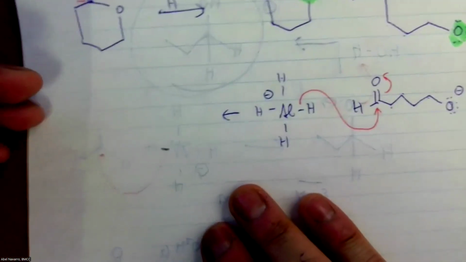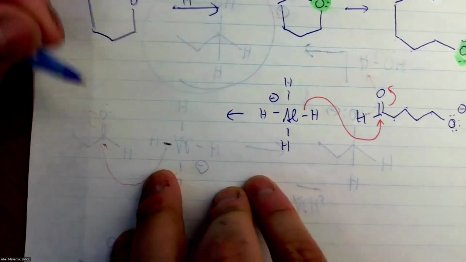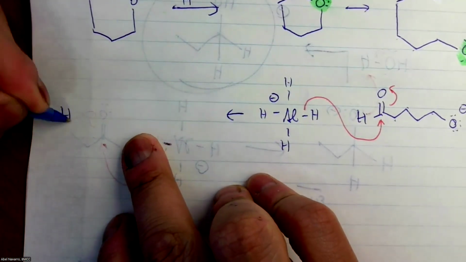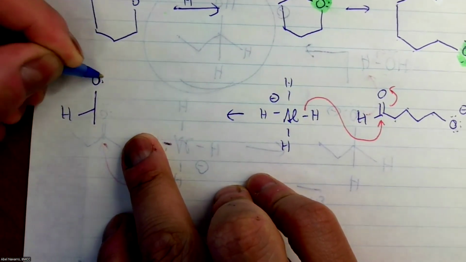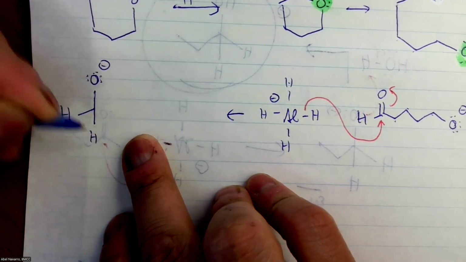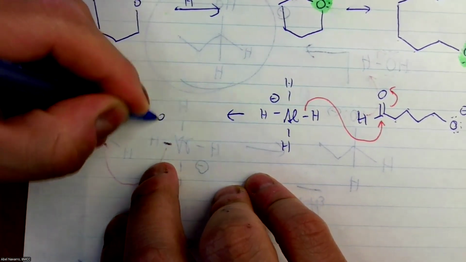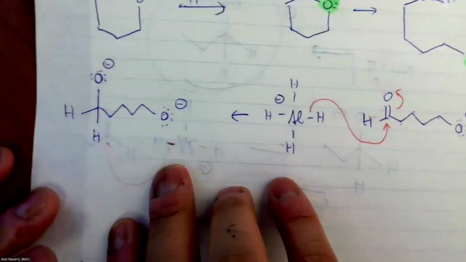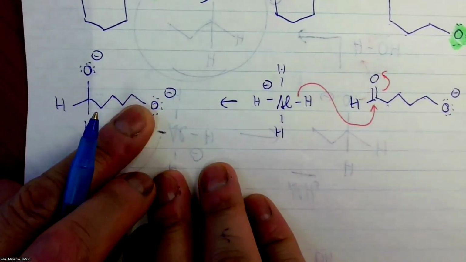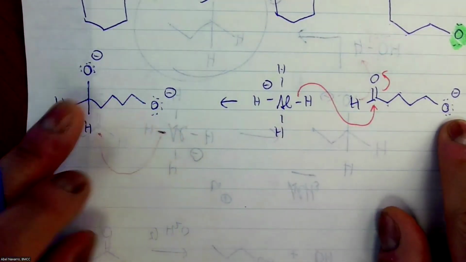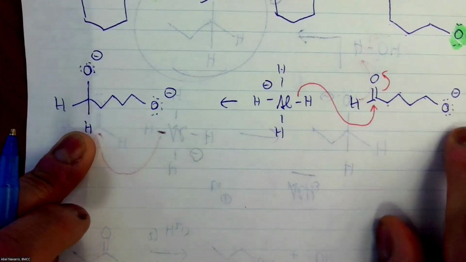What happens? That O minus doesn't move. That O minus stays untouched, because the one that reacted was the COO.